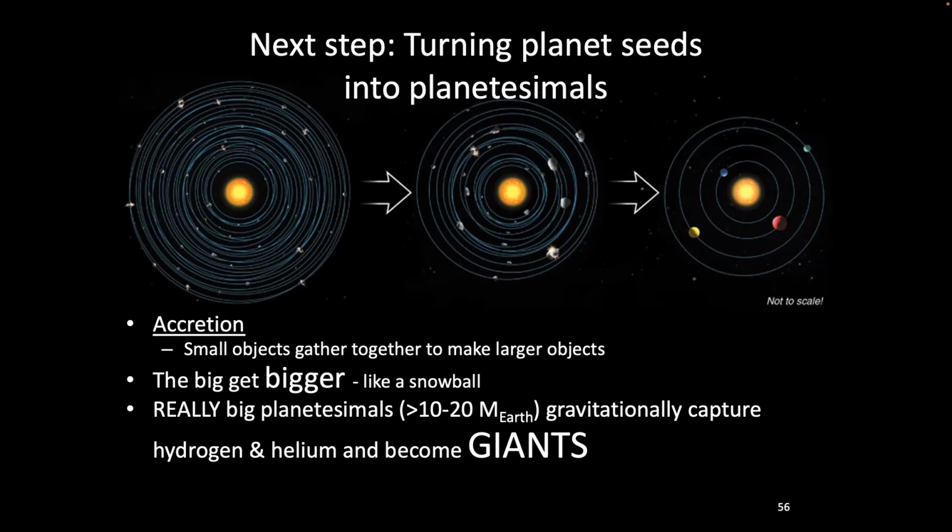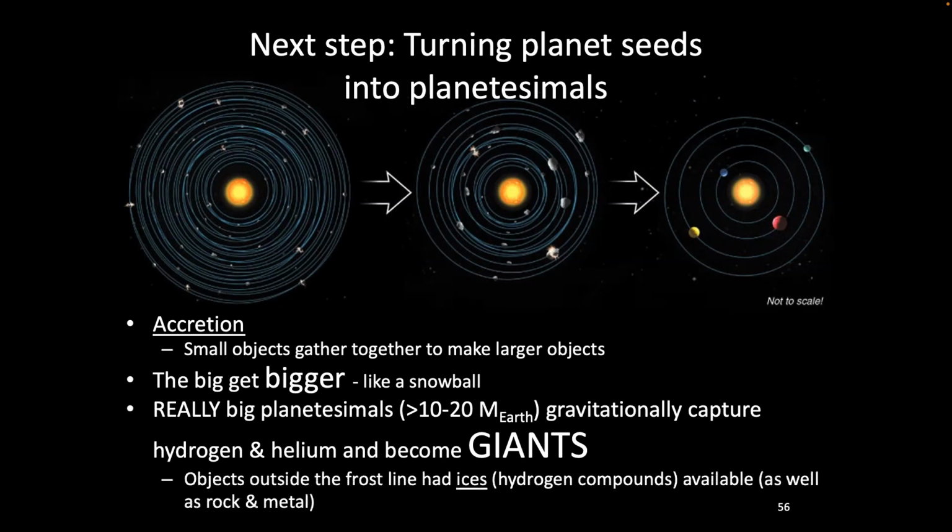Okay, all right. So objects outside the frost line had ices, and that really helps you to go from this location here into this one, because we can't get to 20 Earth masses.